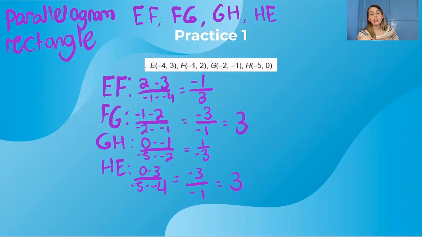Finally, what I need to look at is see if all of the sides are the same.